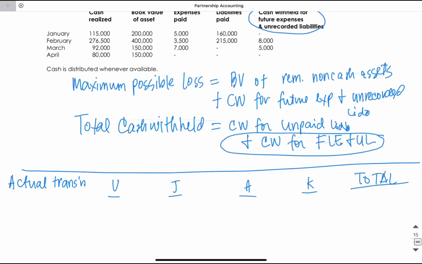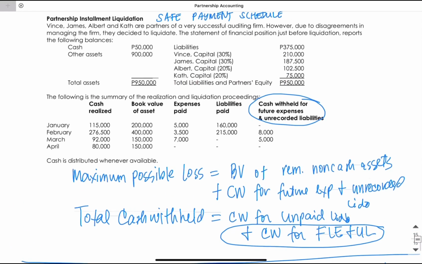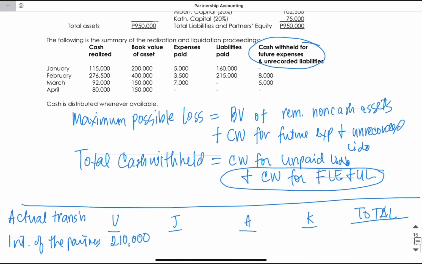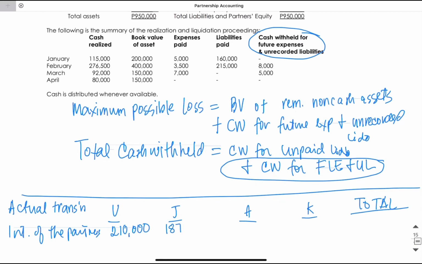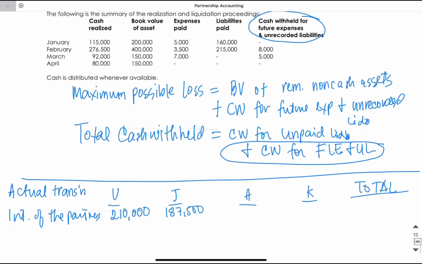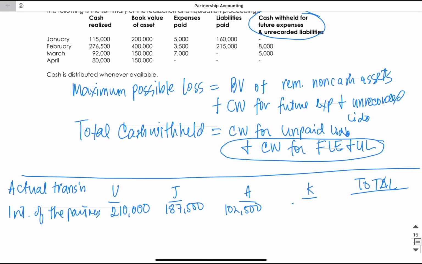So first, we have the capital, or rather the interest of the partners prior to the liquidation. So interest, Vince has 210,000. Okay, James 187,500, and then 102,500 for Albert, and then for Kath 75,000.